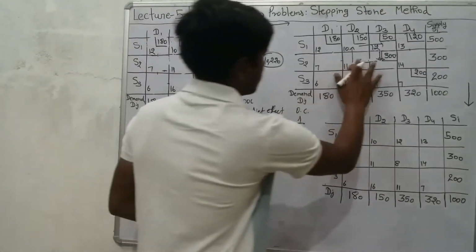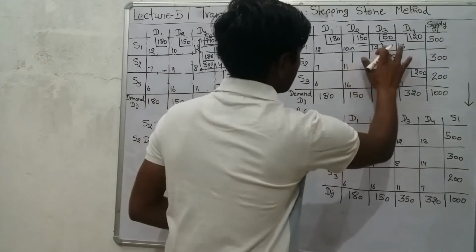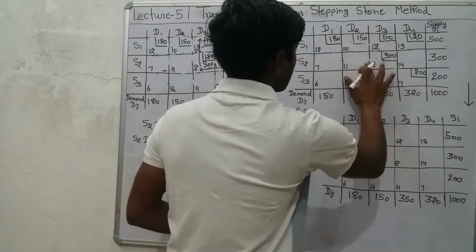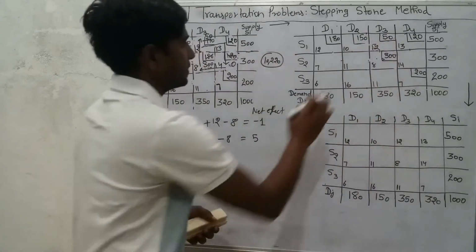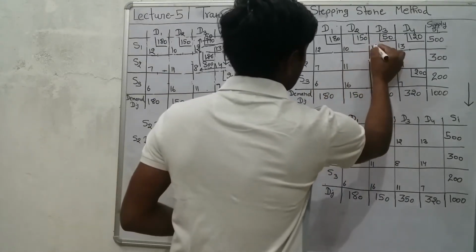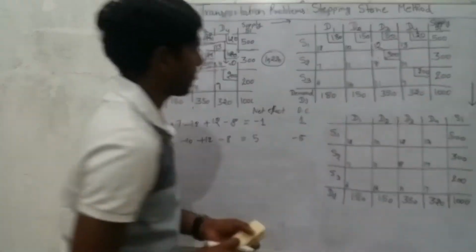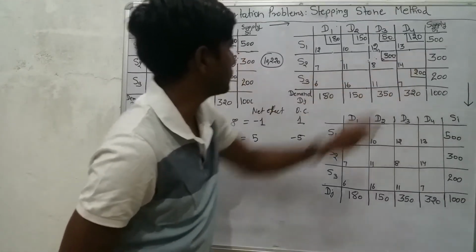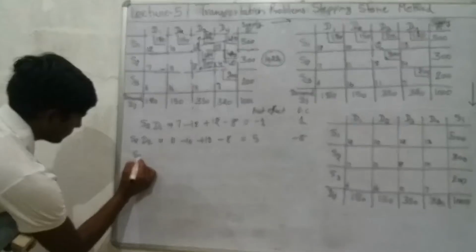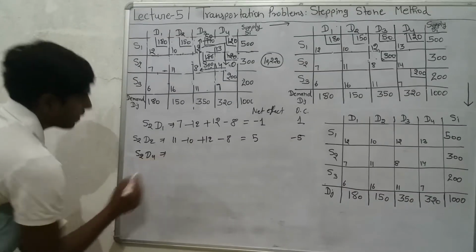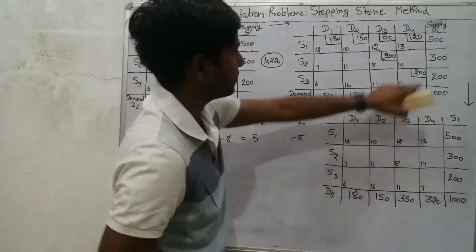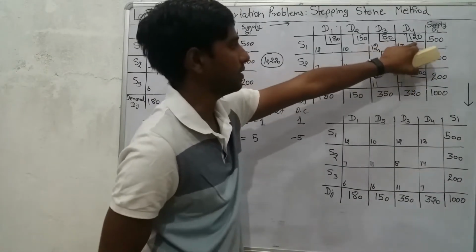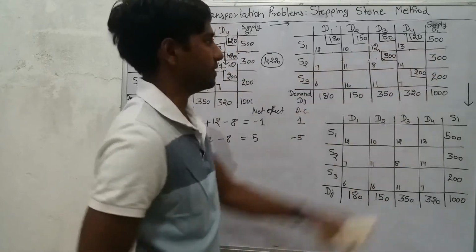Next empty cell. We have taken this one, now we will take this one, S2 D4. What would be our route from this to this to this cell, and this one to this one, and again to the empty cell.